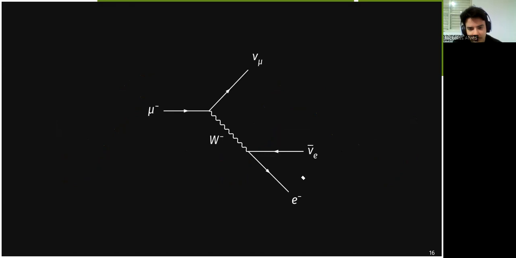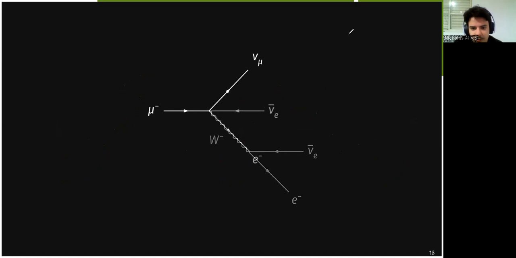Now, another example is in the standard model, where we have the decay of the muon described by the muon comes here, it decays into a muon neutrino and a W boson, and later the W boson decays into an anti-electron neutrino and an electron.